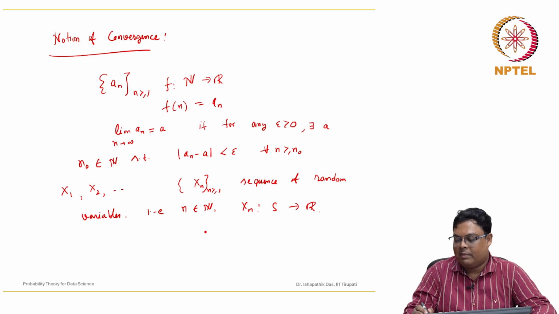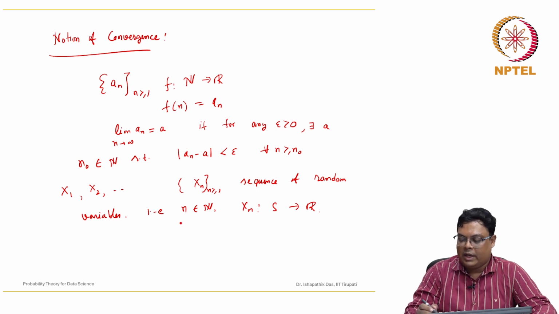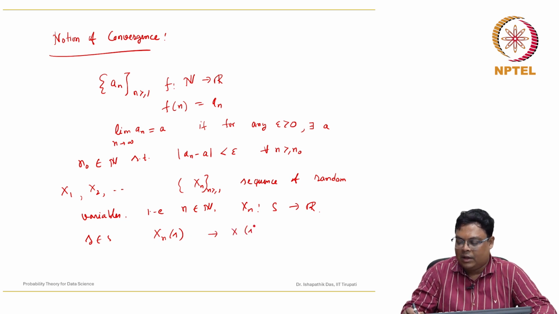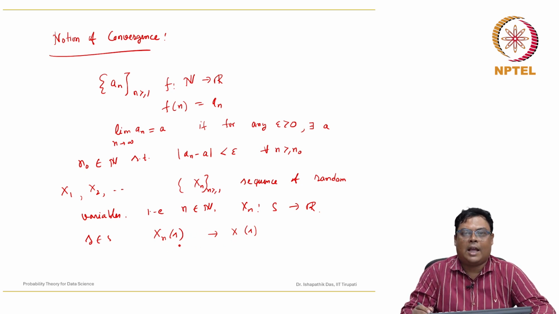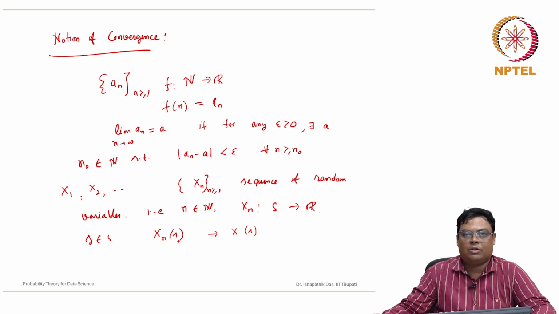That means it is a measurable function, and we can talk about probability also. For any s belongs to S, xn(s) is a real number. So, if we have to define that it is converging to some random variable x, how can we define this? There are different approaches to define convergence of a sequence of random variables.